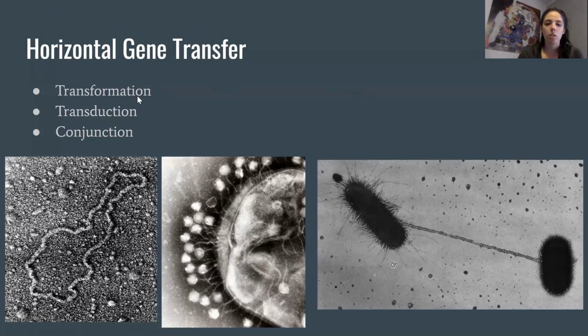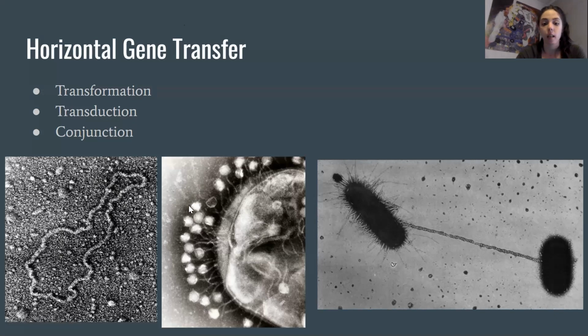We have transformation, which is what we would have actually been doing in class. And this is the process by which bacteria take up foreign genetic material. So this is in the form of plasmids.